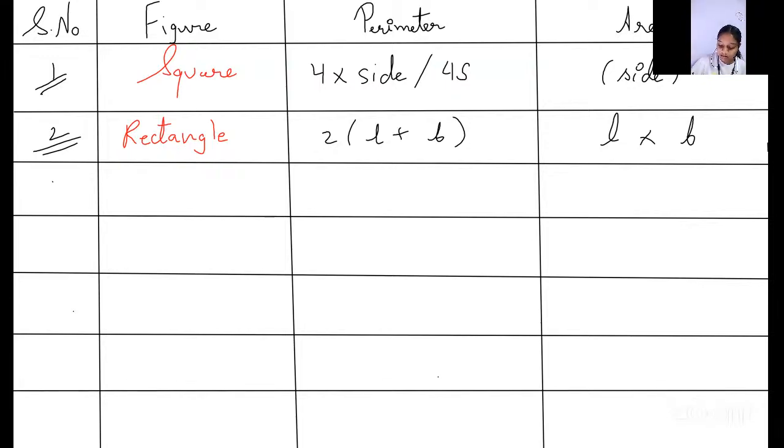That is triangle. Can anyone of you tell me the perimeter of a triangle? Ma'am, yes, 3S. 3s or 3 into side?